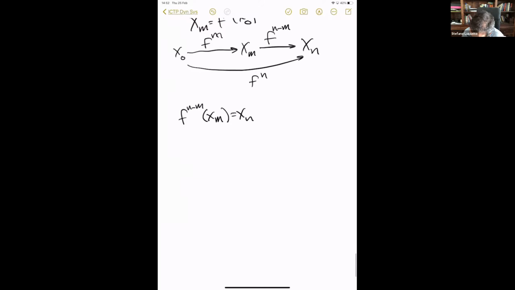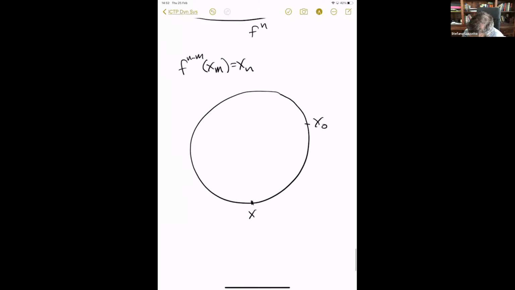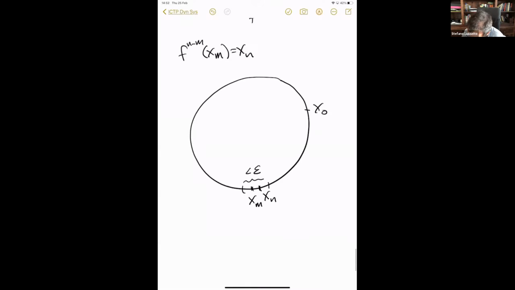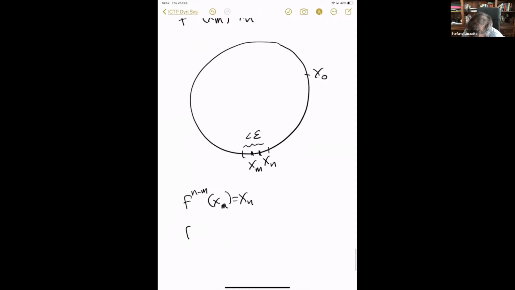So what does that mean? Again, we have x naught here, we have xm here, and we have xn here, and this distance is less than epsilon. And we have that f n minus m of xm is equal to xn. So what can you tell me about f n minus m of xn?